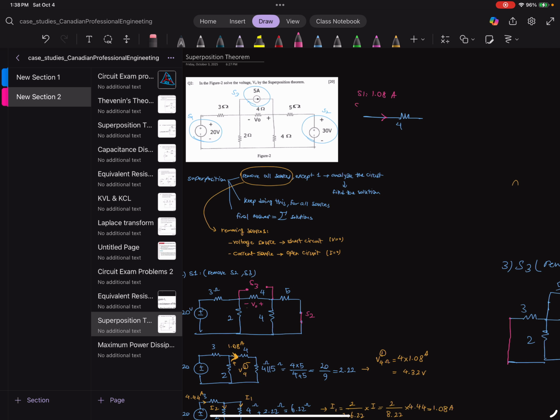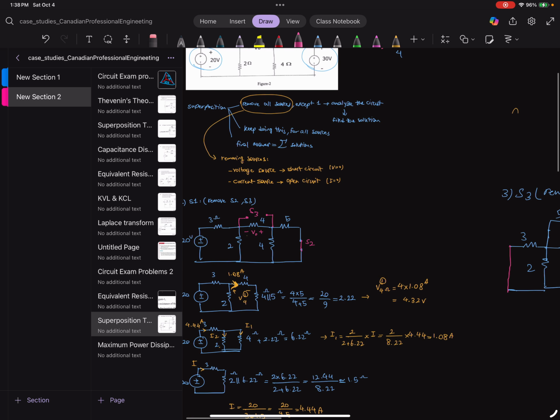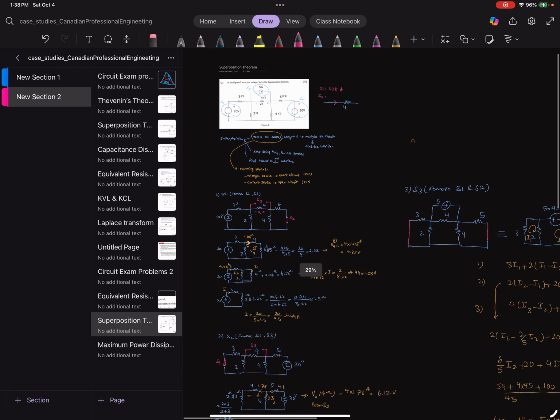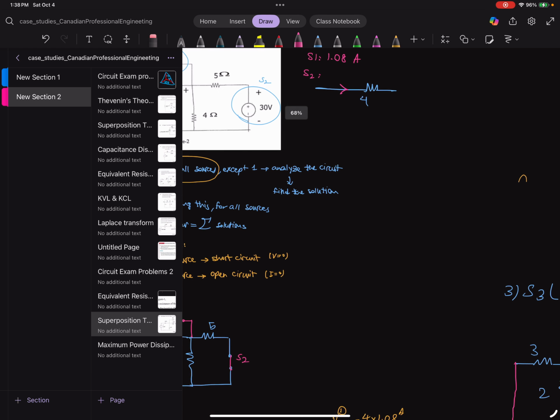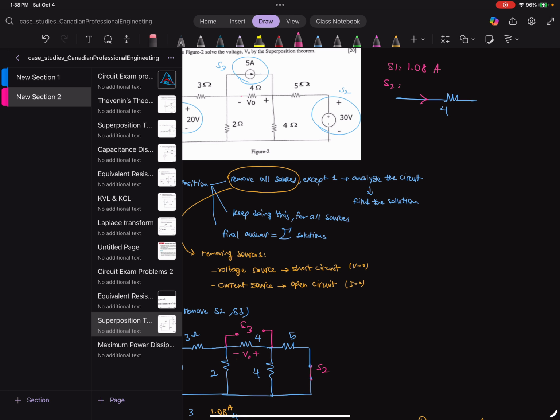Then S2 from the other one, sorry guys, since this is positive, this is negative, I'm going to calculate that I has to be in this direction to match the polarity of V naught. So whatever current I had in this I direction, I'm going to consider positive, and the other one is negative.